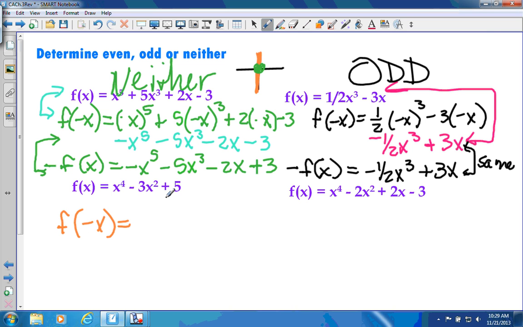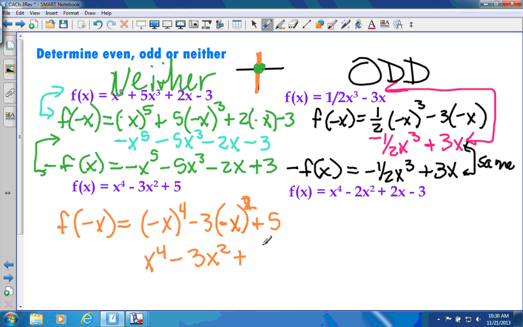So then checking this next one. Substitute a negative x in. You would get x to the 4th minus 3x squared, because when you square a negative number, it's going to be positive, and plus 5.